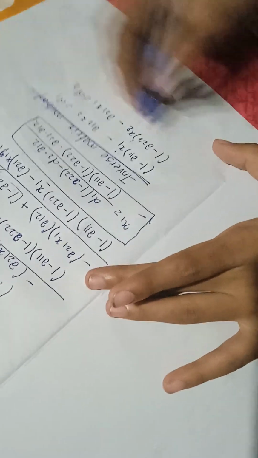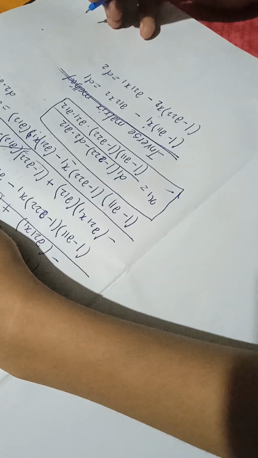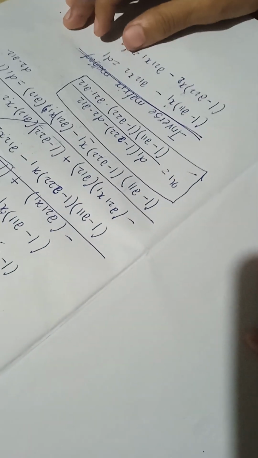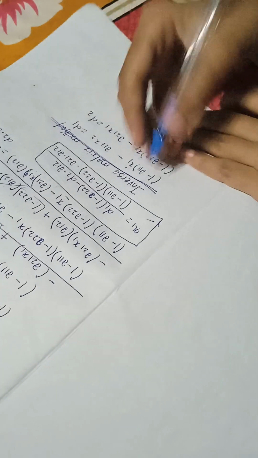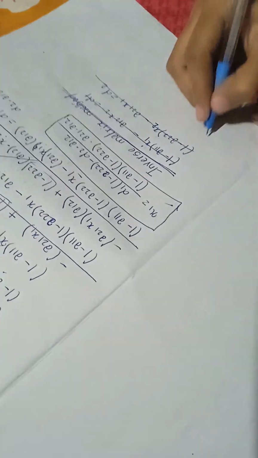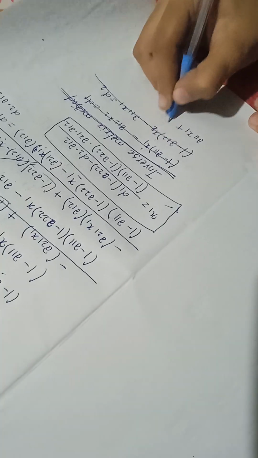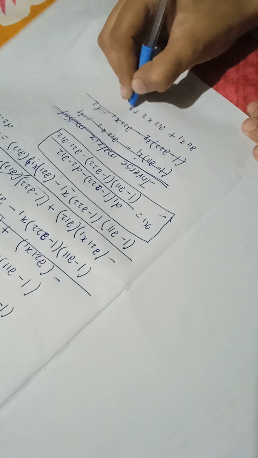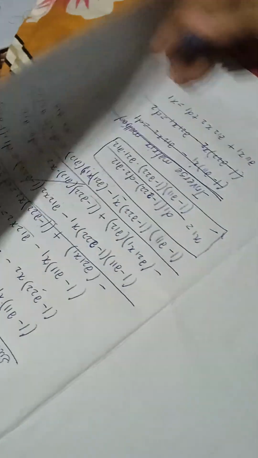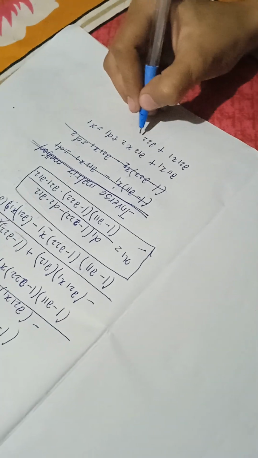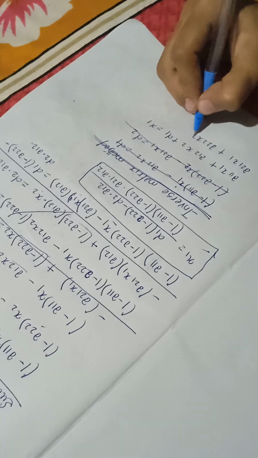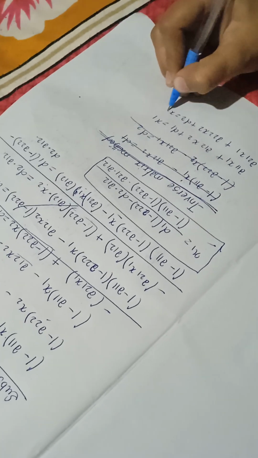As we know, we have here a11 x1 plus a12 x2 plus d1 equals x1. And these two, a21 x1 plus a22 x2 plus d2 equals x2.